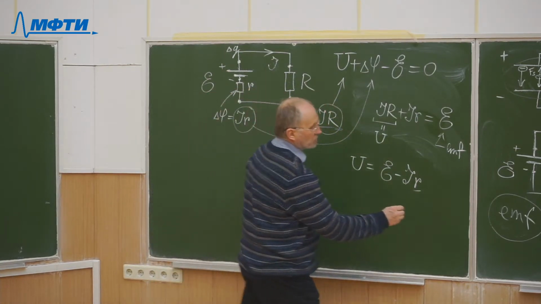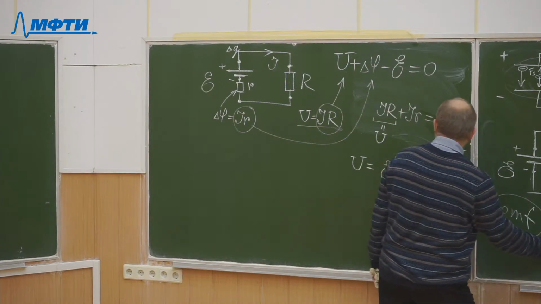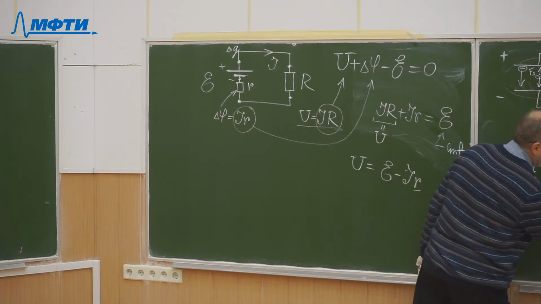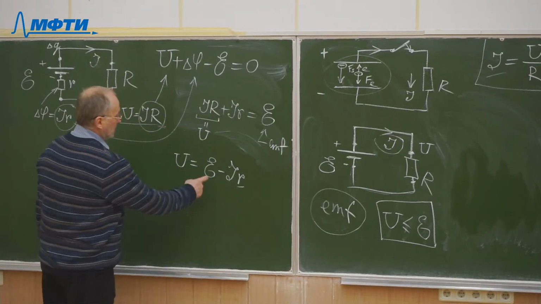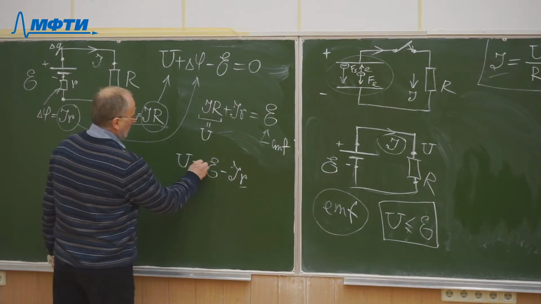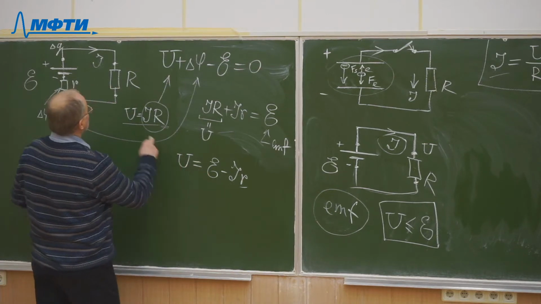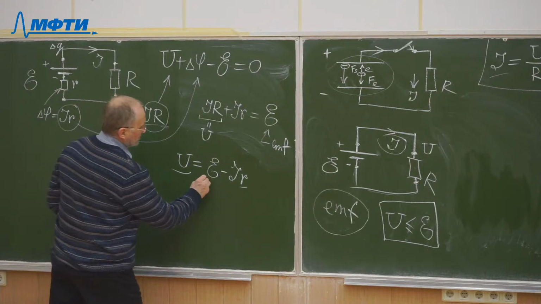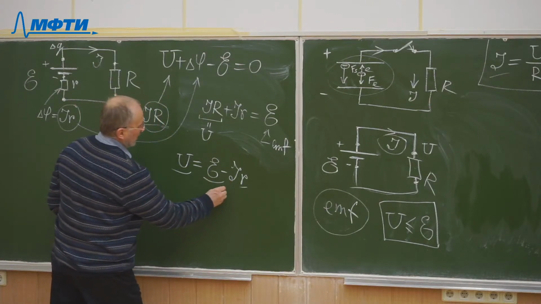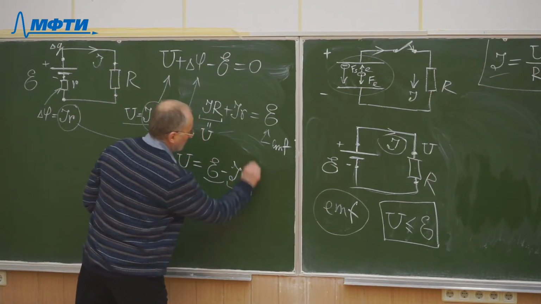That's why I told you that the voltage on the external resistor is smaller or equal to E, because always when we measure the voltage on external resistance, this quantity, we take the electromotive force and subtract something from it.